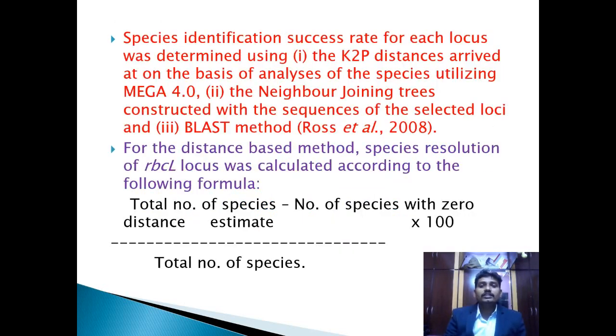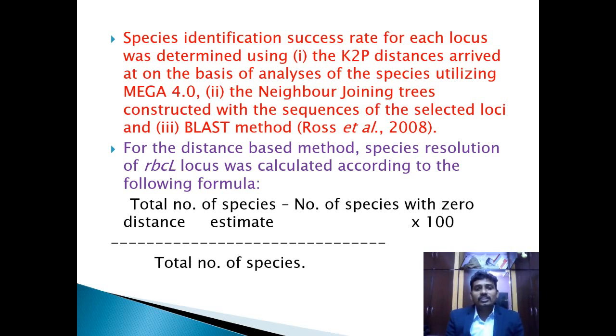So how do we calculate the interspecific K2P distance? The species identification success rates for each locus were determined using K2P distance, on the basis of analysis of species using the MEGA 4.0 software. The second method is the neighbor-joining tree, and the third one is the BLAST method.